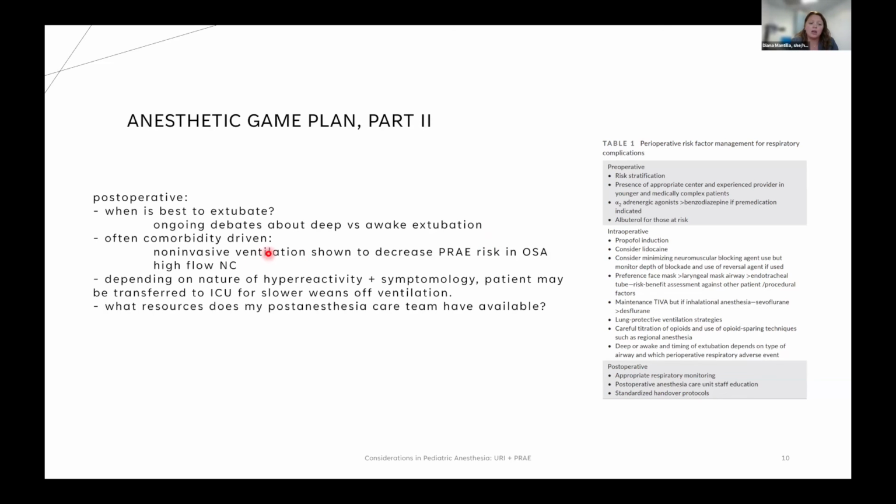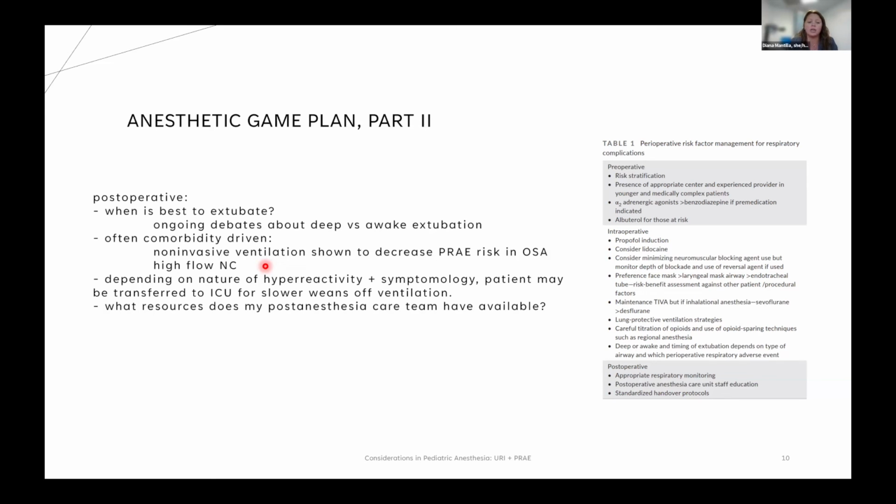And then a lot of the postoperative management is comorbidity driven. So does this patient have obstructive sleep apnea so that we know that they might need non-invasive ventilation? Or do we have access to high flow nasal cannula?